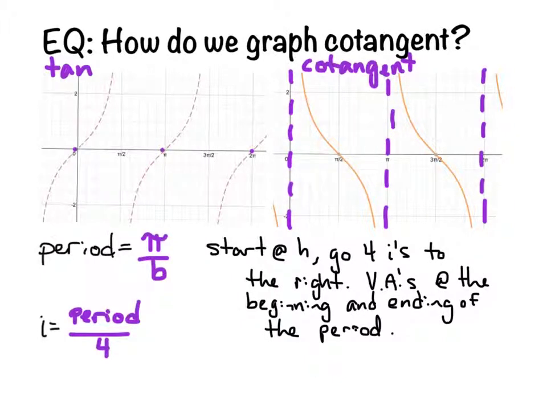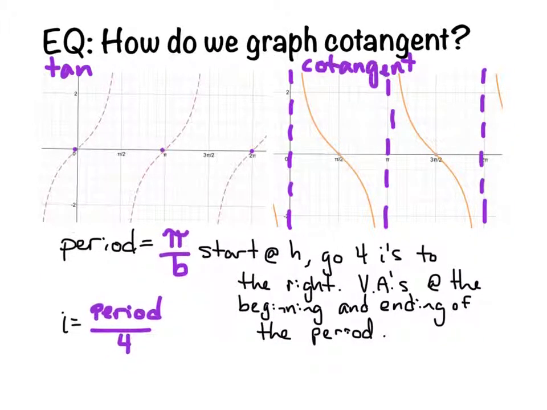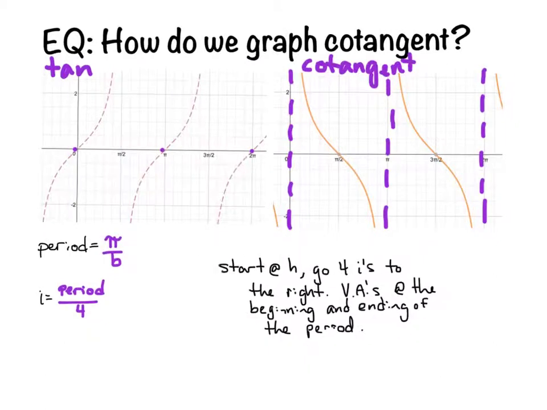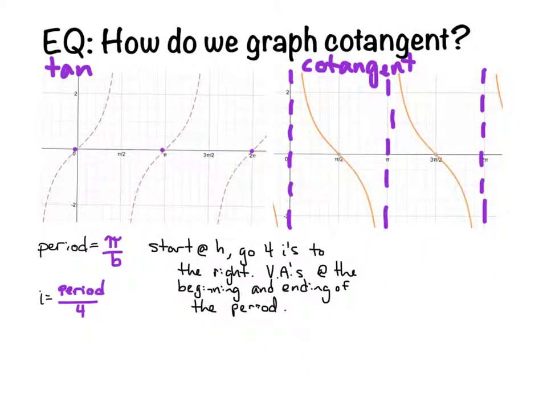Okay, and then the last thing that I'd like you to notice is here the parent function, these tangents are increasing, and the cotangent is decreasing. So with a positive a for cotangent, that causes the function to decrease, and a negative a will cause the function to increase.